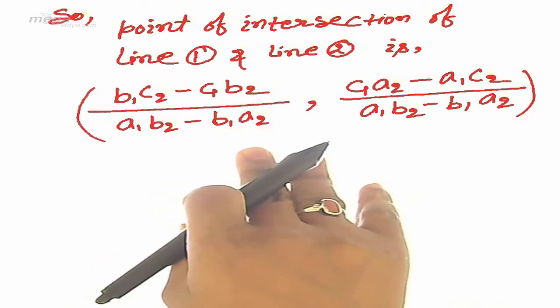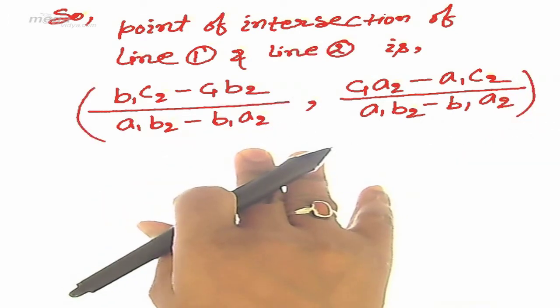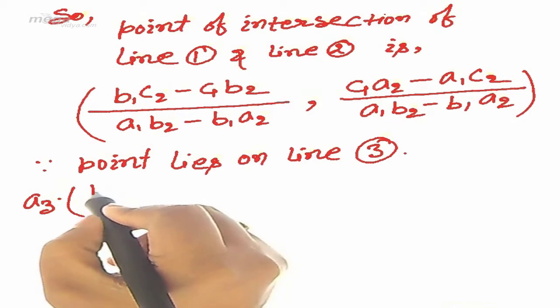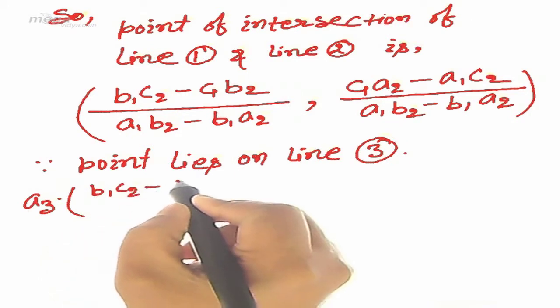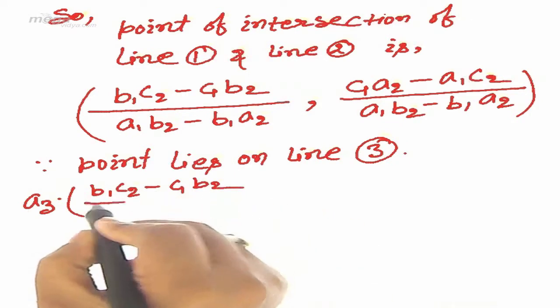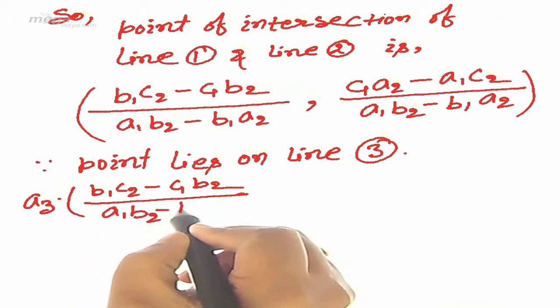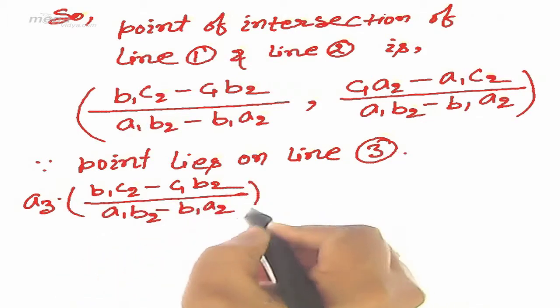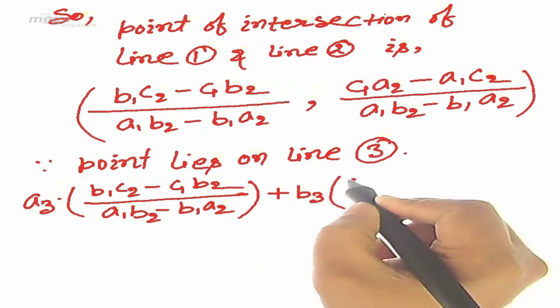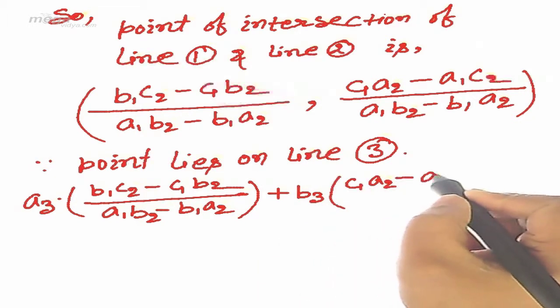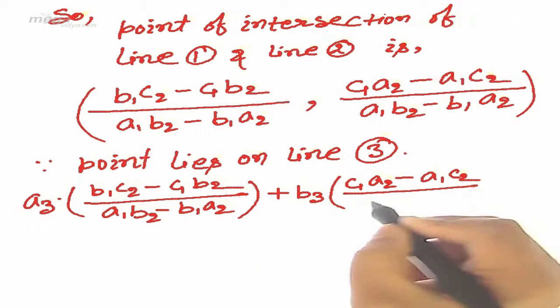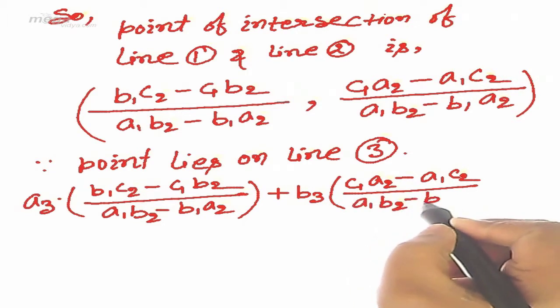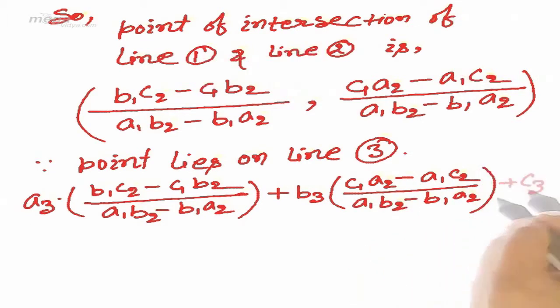Now this point of intersection will satisfy the third equation. Hence we get a3(b1c2 - c1b2)/(a1b2 - b1a2) + b3(c1a2 - a1c2)/(a1b2 - b1a2) + c3 = 0.